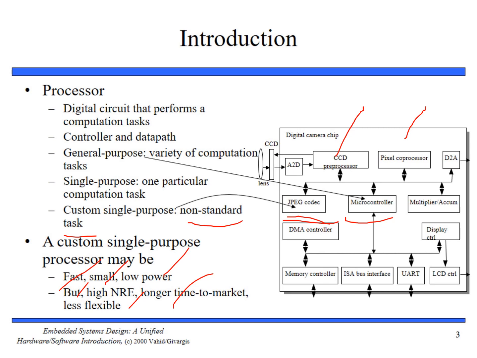An embedded system designer may obtain several benefits by choosing to use a custom single-purpose processor rather than a general-purpose processor to implement a computation task. First, performance may be faster.